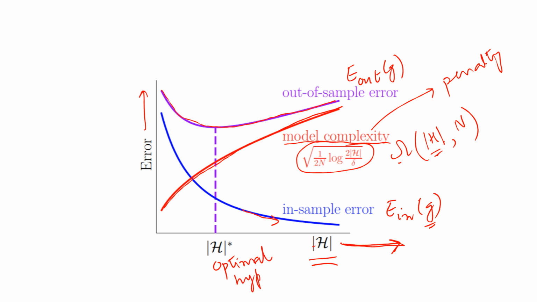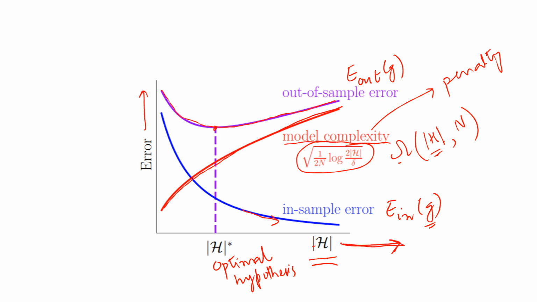Basically, the point I'm trying to make is that there's no way of getting out of these two errors. They will be there, but we have to work our way through so that we can get something that's minimum, because that's my goal. Essentially, this optimal hypothesis set minimizes the sum of the errors, the E in and the model complexity, and it accomplishes this optimal value.